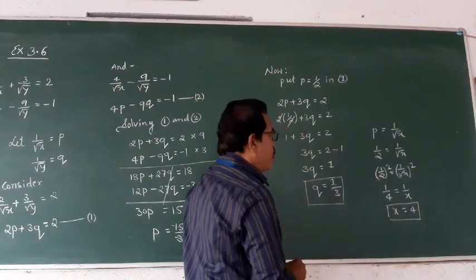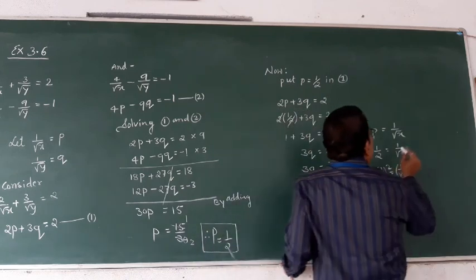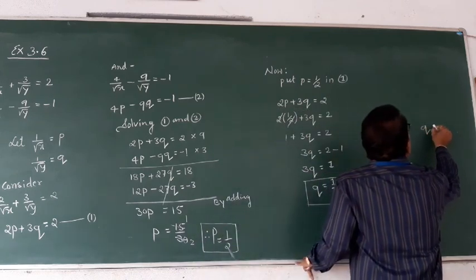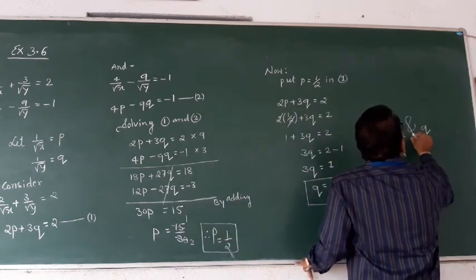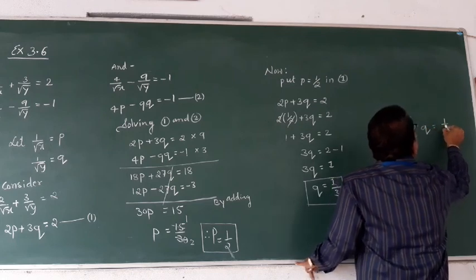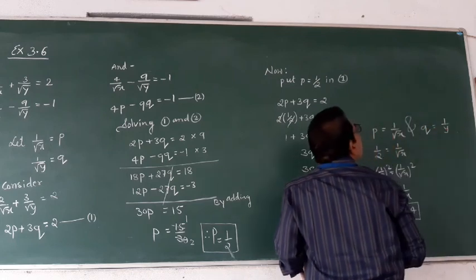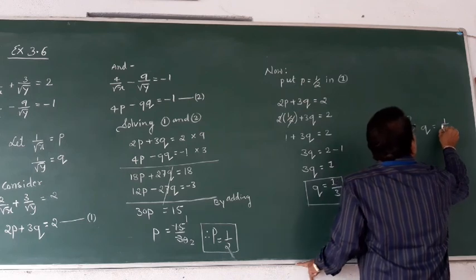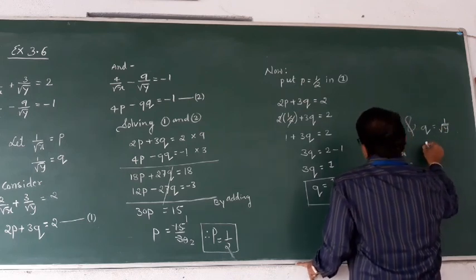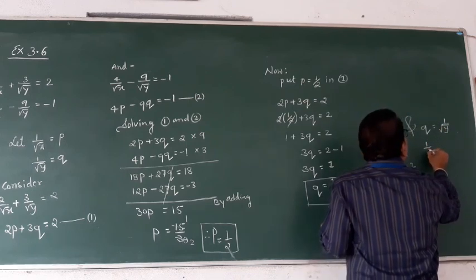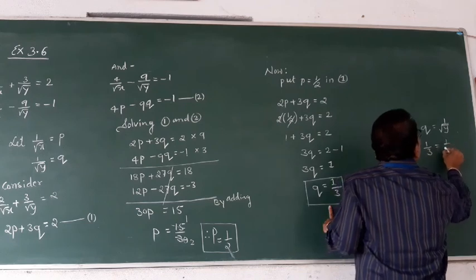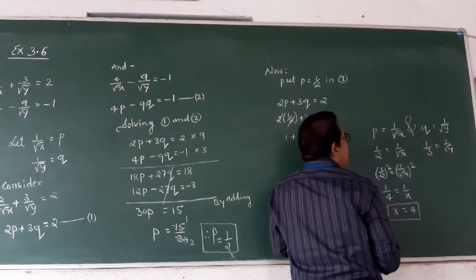x equals to 4. Then q equals to 1 by root y. So what happens? q is 1 by 3 equals to 1 by root y.